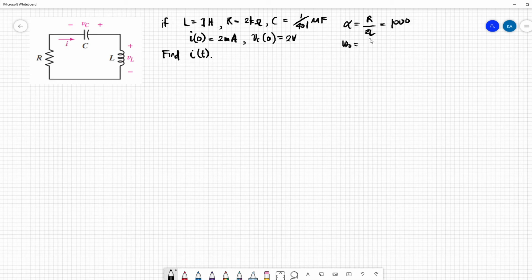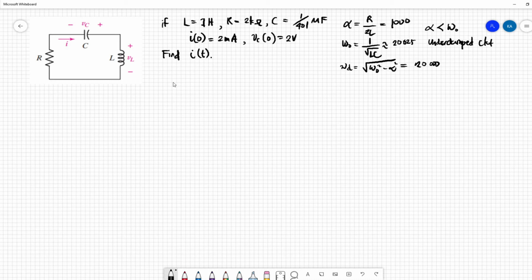Our omega naught is 1 over square root of LC, which is approximately equal to 20,025 rad per second. So alpha is less than omega naught, so we have an underdamped circuit. So we need to solve for omega d, which is square root of omega naught squared minus alpha squared, equal to 20,000 rad per second.